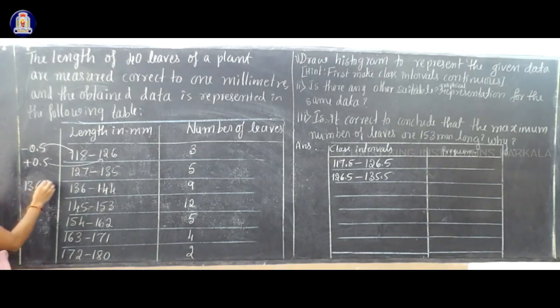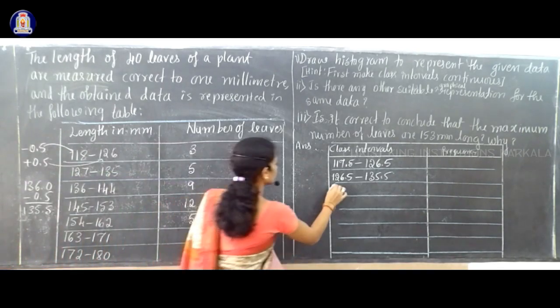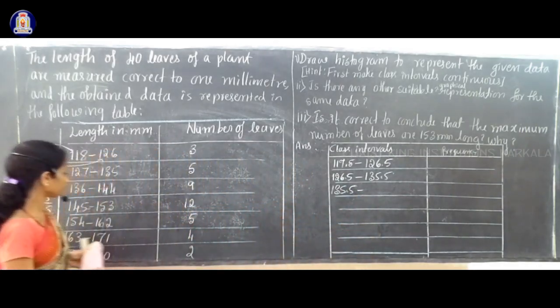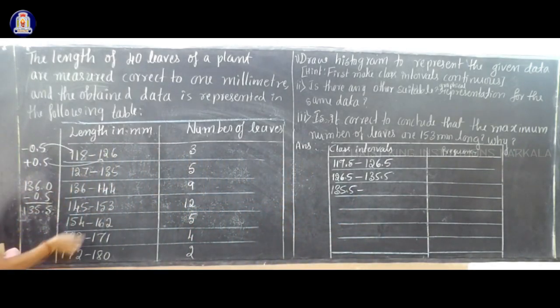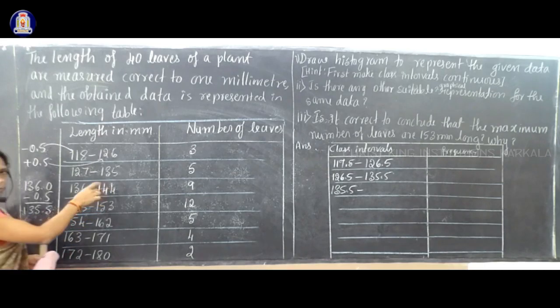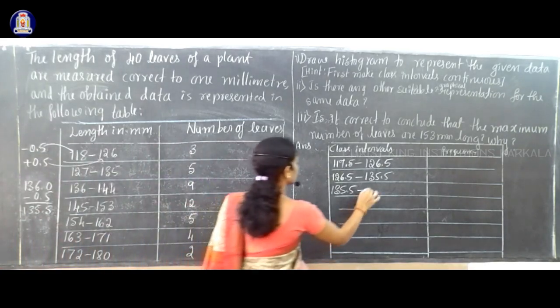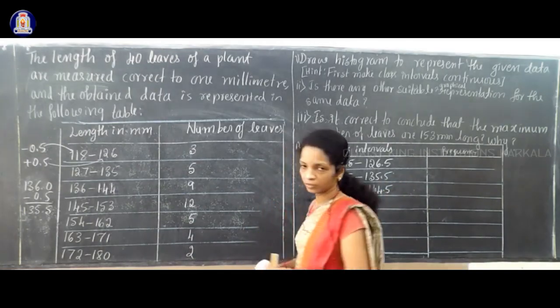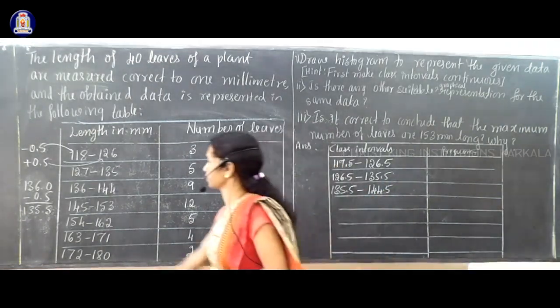Subtracting 0.5, we get 135.5. And adding 0.5 to 144, we get 144.5.